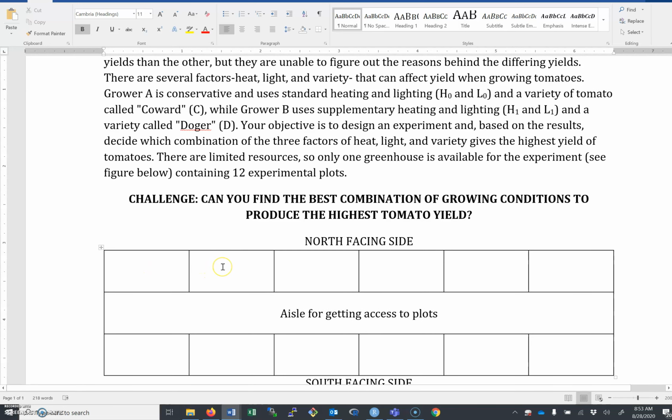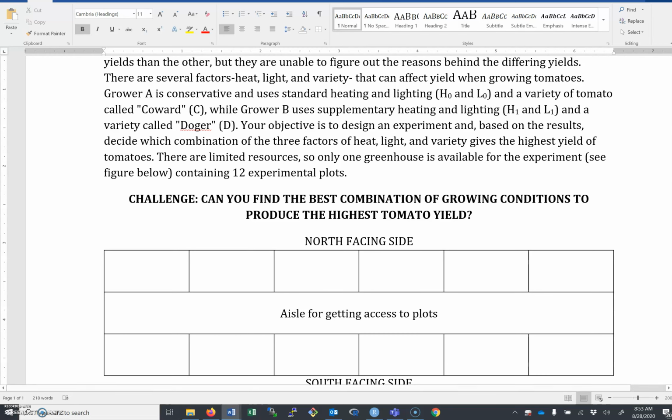Let's put the Dodger with low heating and high light here. And they would plan this all out using the shorthand H0, L0, C, and D. They would literally sketch this out and try to think about what the best configuration was of these 3 treatment levels.